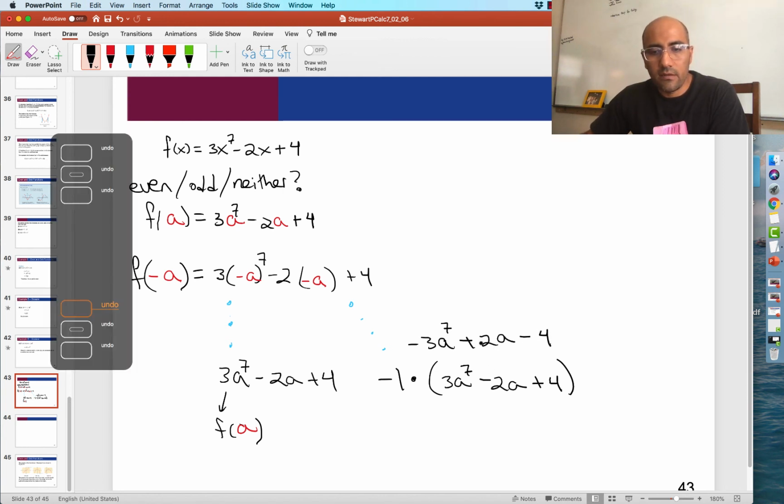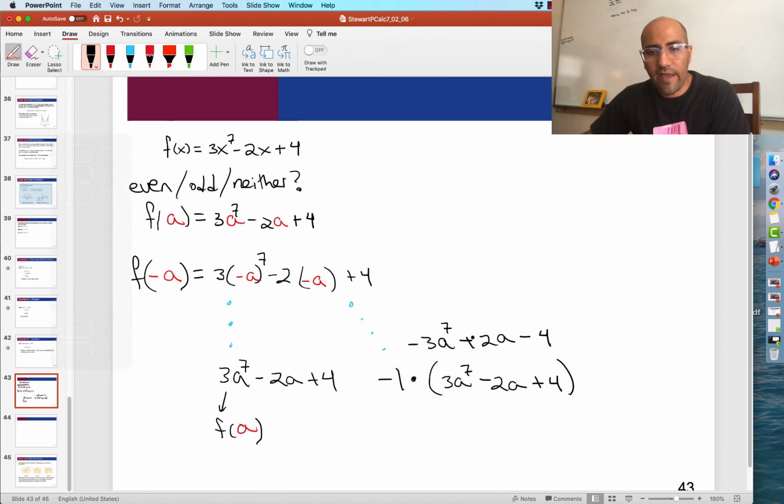And then you factor out a negative 1 from all of these, and we end up getting 3a to the 7th minus 2a plus 4. If that's the case, then we've established that the thing simplifies to negative 1 times, and this right here is f of a.